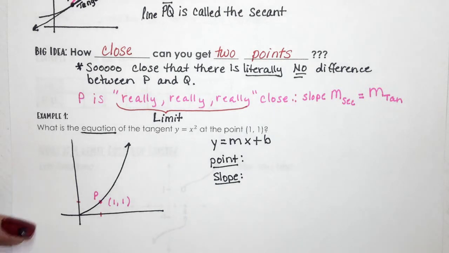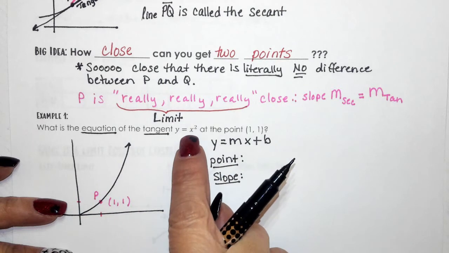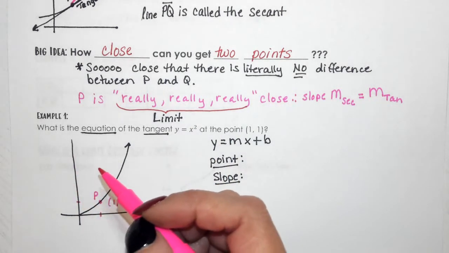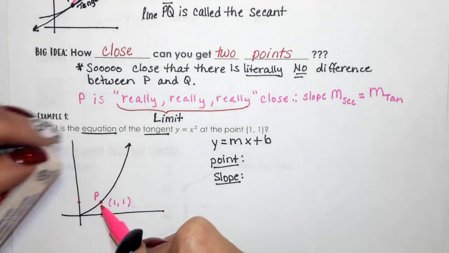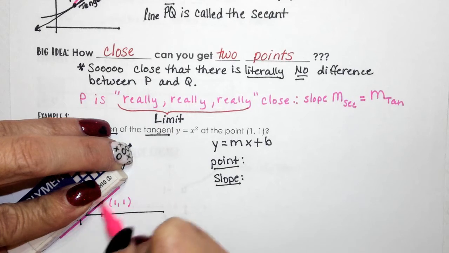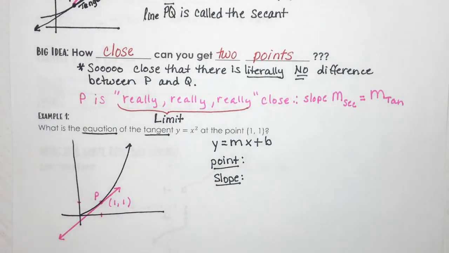Well, here's what it wants. It wants the equation of the tangent to x squared at the point 1, 1. So that means, at the point 1, 1, there is a tangent line that goes something like this. And I need to write the equation of that line.